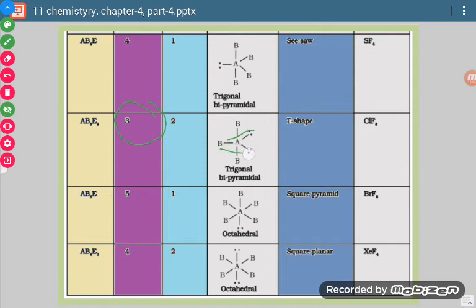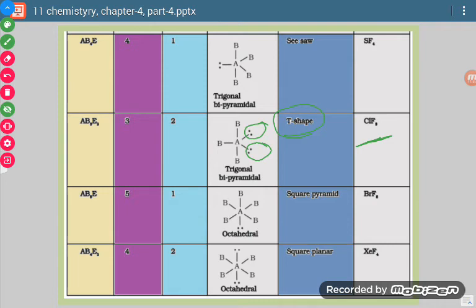So out of those 3 at the triangle, we will take 2 as lone pairs. So it will look like the English letter T. So we will say it is T shaped. For example, ClF3 is T shaped. Here Cl is the central atom. It contains 7 electrons, so 4 electrons will be as 2 electron pairs and 3 will be bonded as bond pairs.